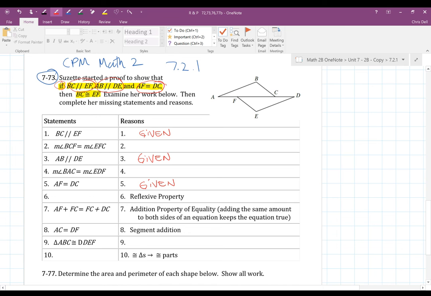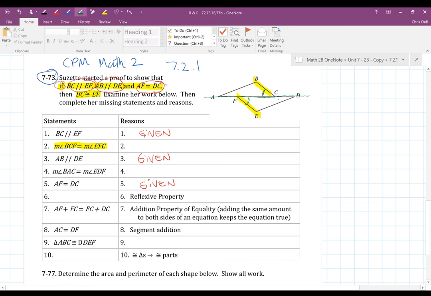So let's fill in the other one. Once we know that BC is parallel to EF, it says that the measure of angle BCF is equal to the measure of angle EFC. So where are those angles? BCF is this angle here, and EFD is this angle here. Those are congruent. Why? Because we're looking at this as the transversal.